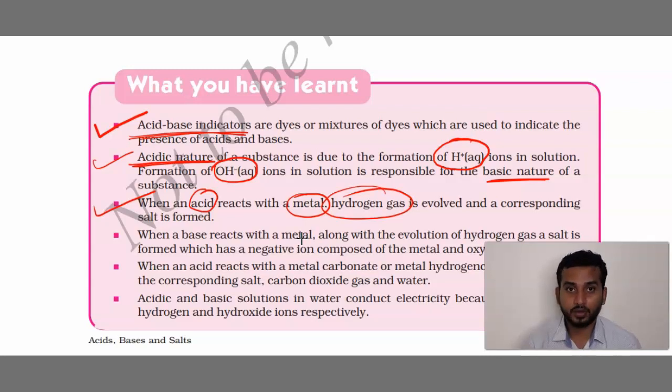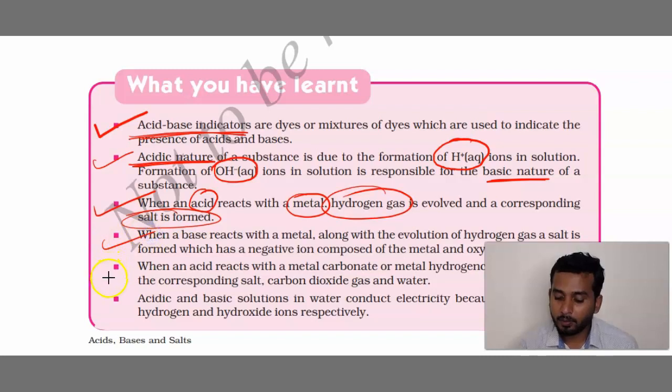Definitely some gas is produced, right? Yeah, that is nothing but hydrogen gas. Just I have given the hint. Water is not an acid, I am just telling an example, just to remember. Got it? Whenever we react acid with metal, it gives hydrogen gas and the corresponding salt is formed.